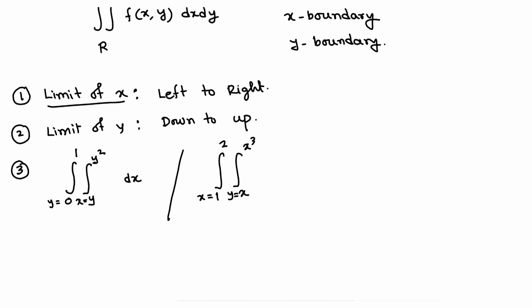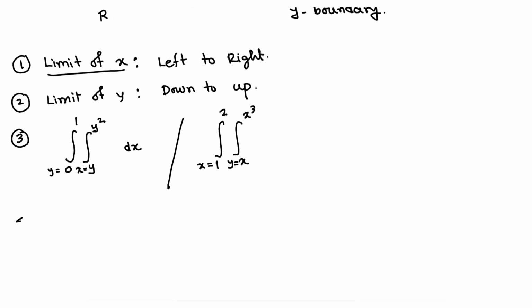Now one more point. Suppose the double integration is x to x square and the other one is, let's say, 0 to 3. Obviously the variable is x, so the first integration is with respect to y and the second will be with respect to x.